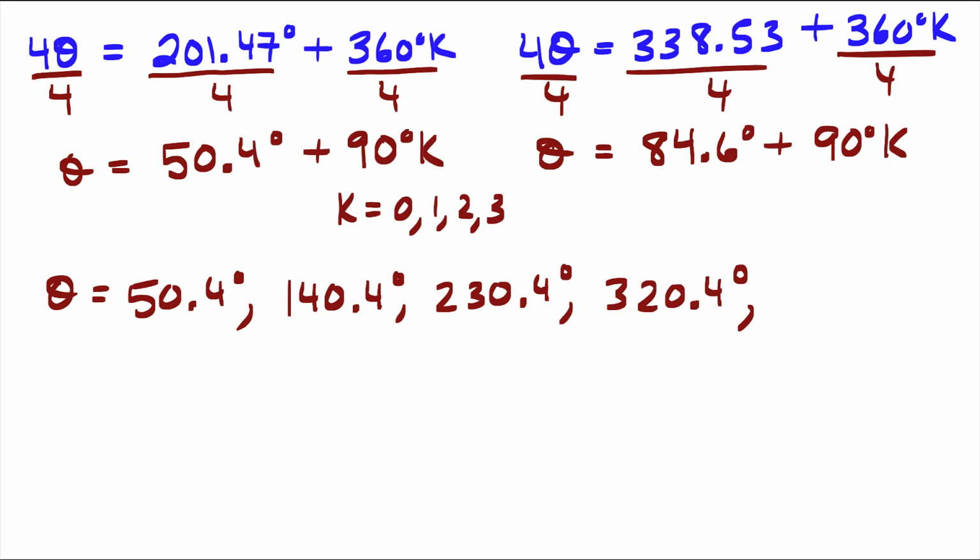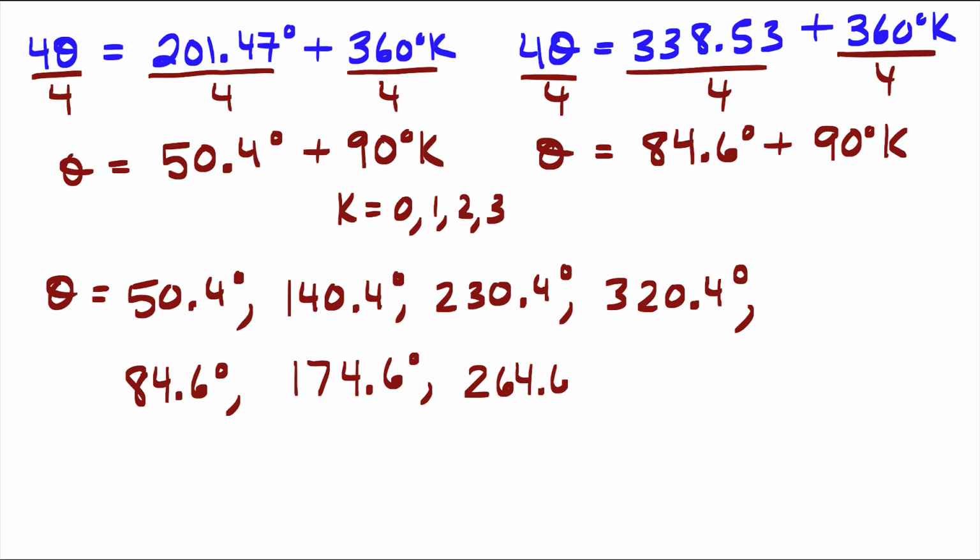That's kind of there. And then it's going to be now the other side. It's going to be the 84.6. Click on plus 90. Then add 90 again. Then add 90 a third time. And done.